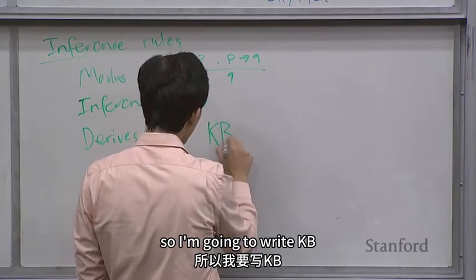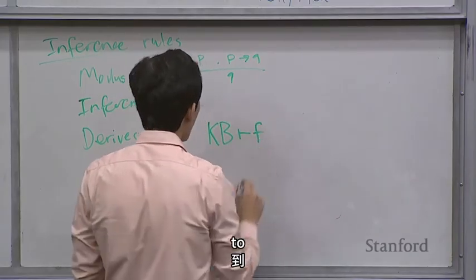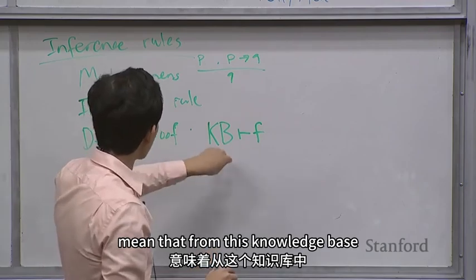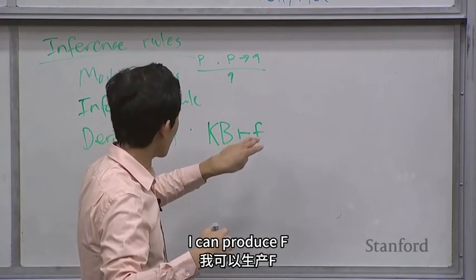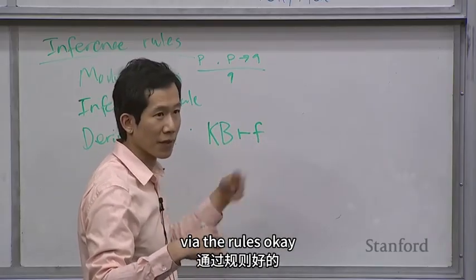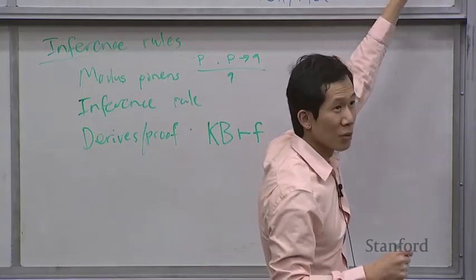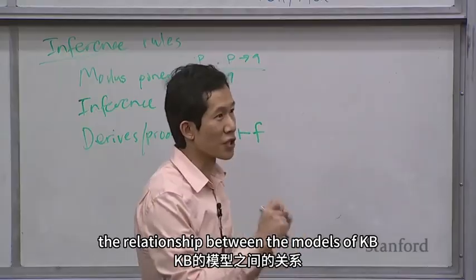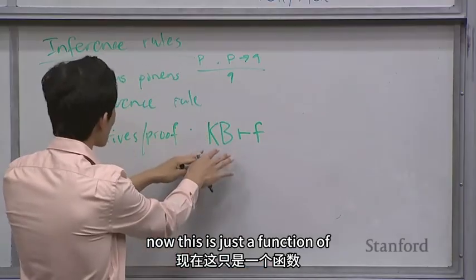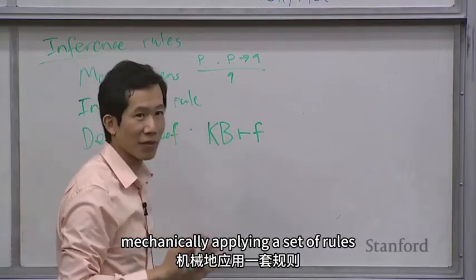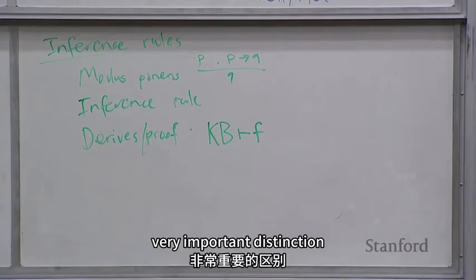So I'm going to write KB, and now with a single horizontal line, to mean that from this knowledge base, given a set of inference rules, I can produce F via the rules. Okay? This is in contrast to entailment, which is defined by the relationship between the models of KB and the models of F. Now, this is just a function of mechanically applying a set of rules. Okay, so that's a very, very important distinction.